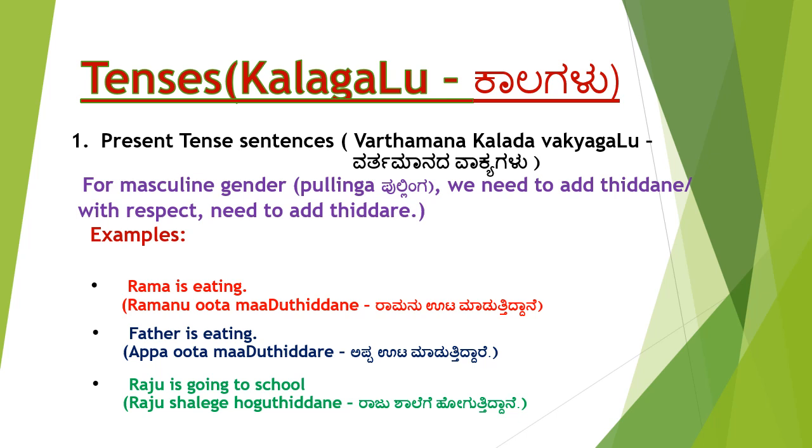So same way Raju is going to school. So Raju ಶಾಲೆಗೆ ಹೋಗುತ್ತಿದ್ದಾನೆ. So this is tiddane and tiddare. These two suffixes needs to be added to make a sentence in present tense for masculine gender.